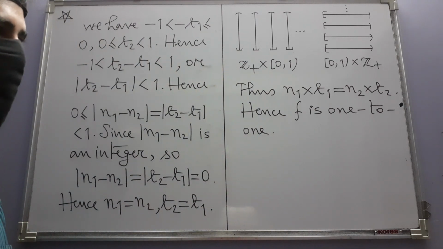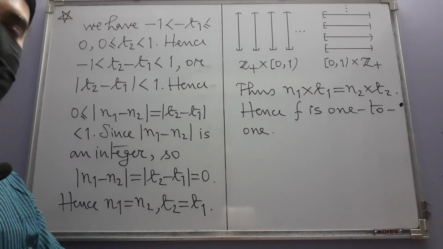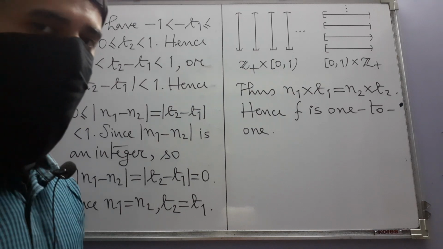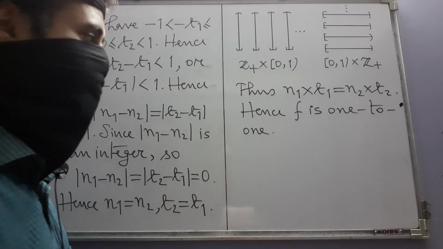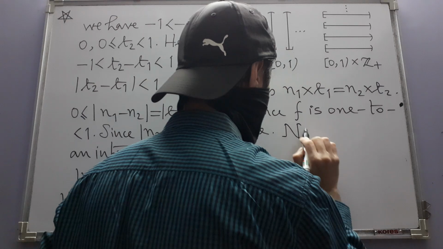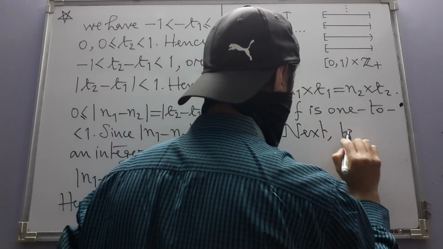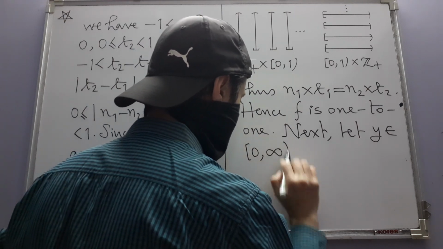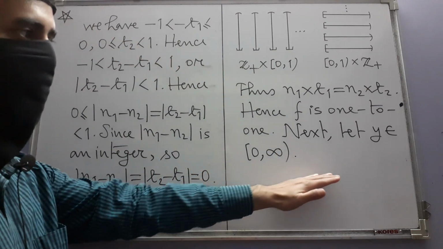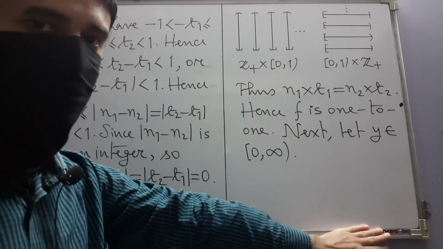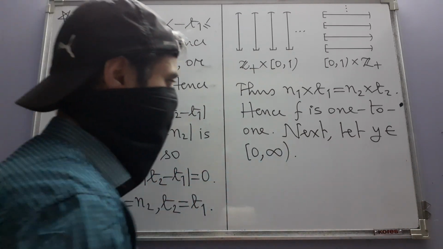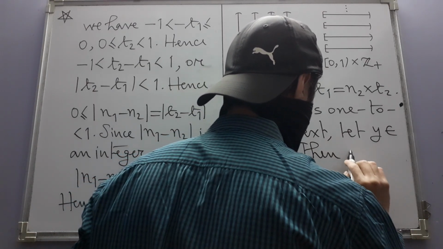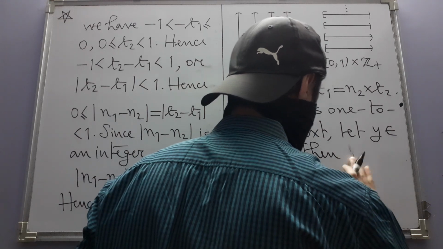Okay, next we come to the task of showing that f is surjective. For that, we have to choose any element in the codomain, the set of non-negative real numbers. Next, let y be any non-negative real number. Now this is where you have to use the greatest integer function or floor function. Then, let me first write the inequality.